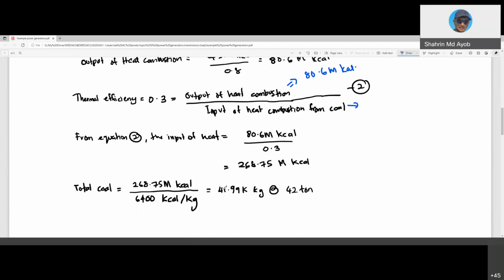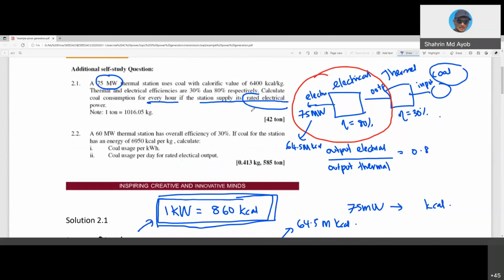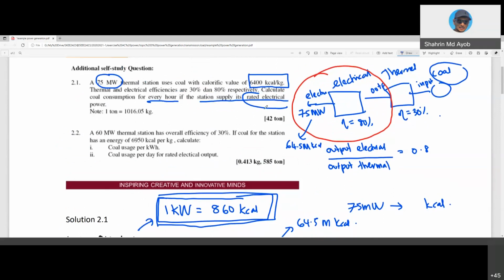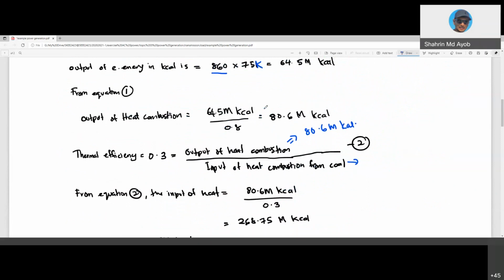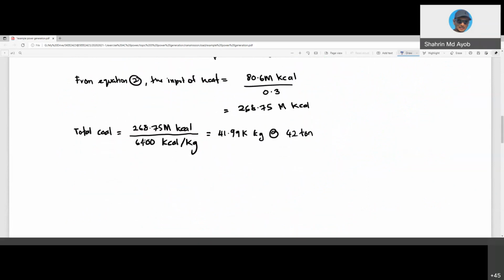Then from this information, this thermal station can generate 6,400 calorie per kilogram of the coal. So from that, you divide by this one.